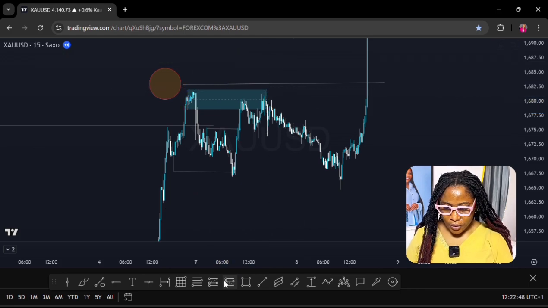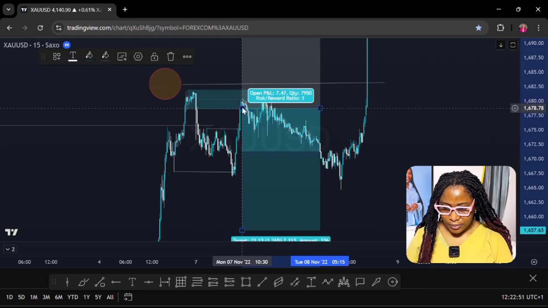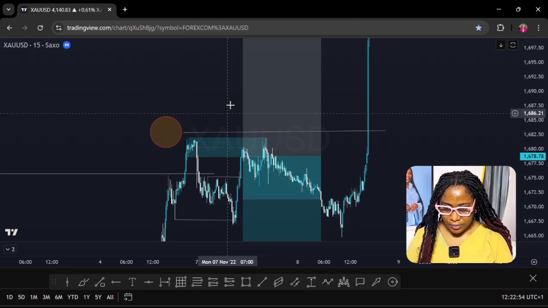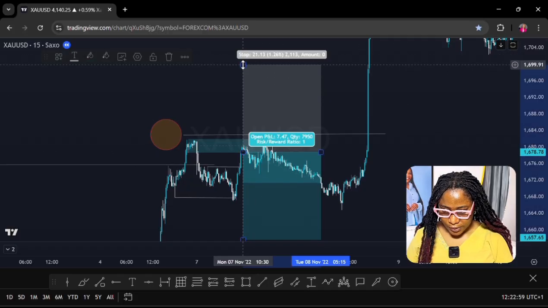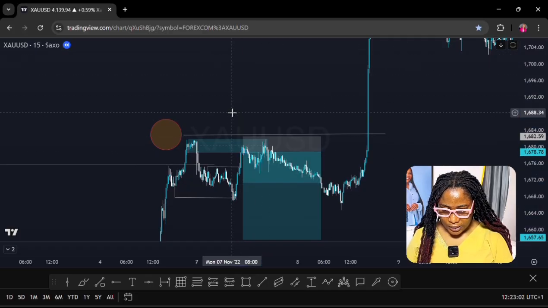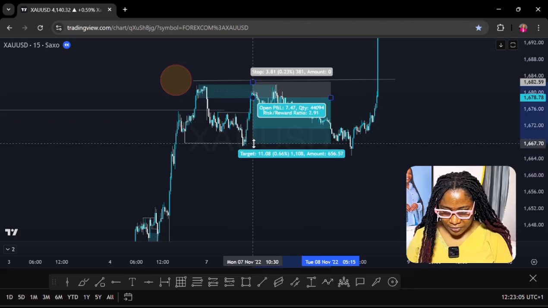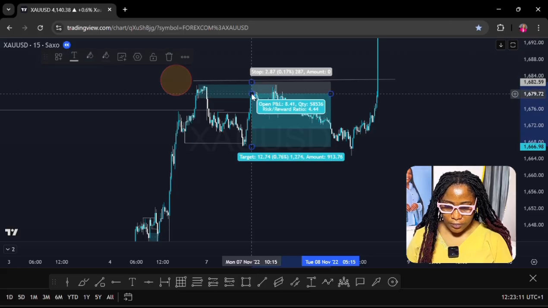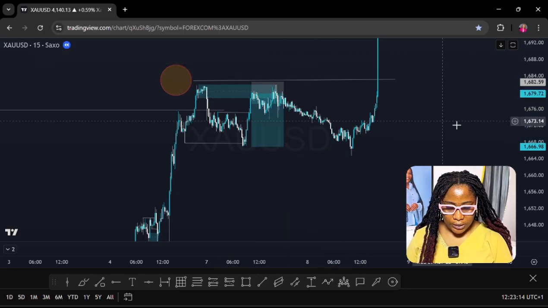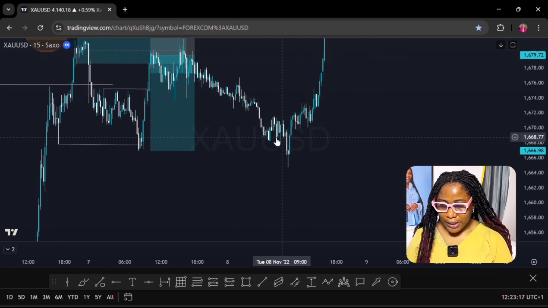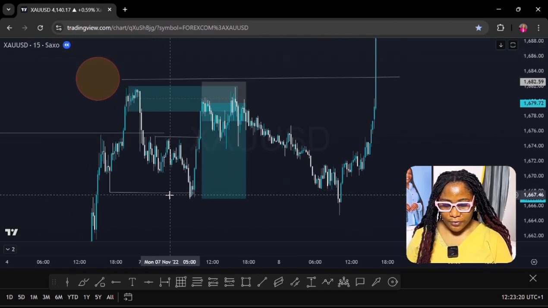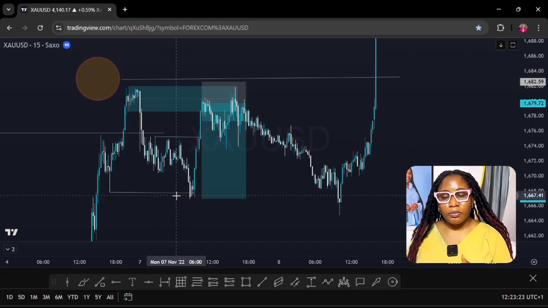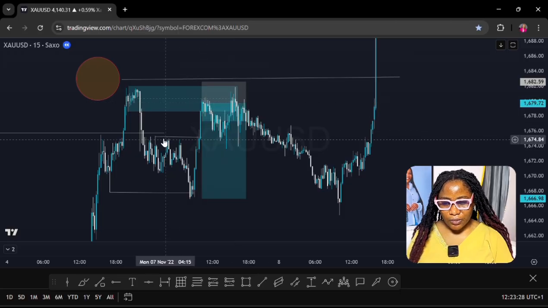Obviously, we won't be targeting far because we don't know how far the pullback is going to go. 1:4 is a must. I would have taken this risky sell because number one, we got 15 minutes change of character, signifying to us that internal pullback has started. And then we got this nice liquidity build up here.